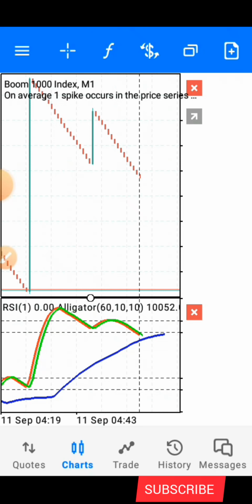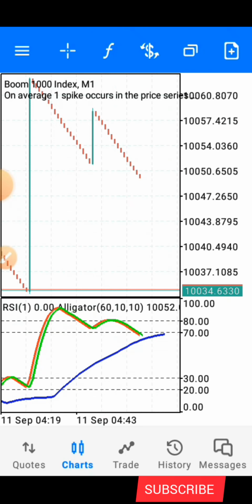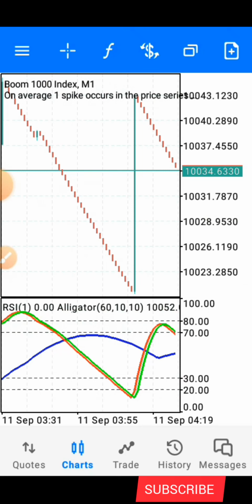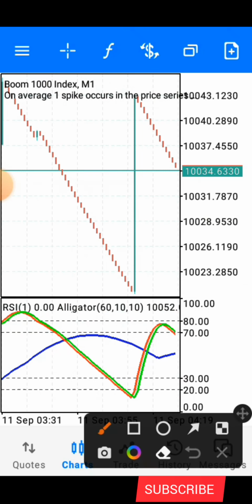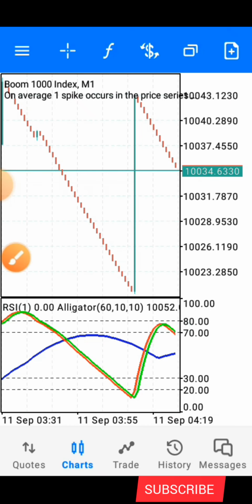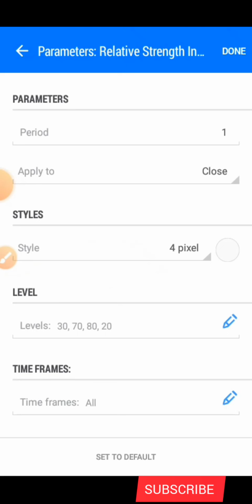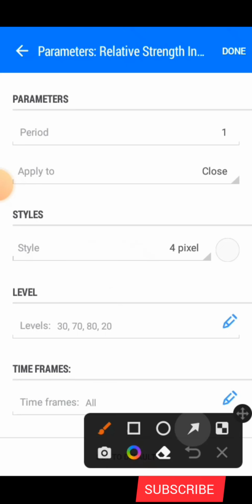I'm going to go ahead and share the settings of this strategy with you. The first thing you do, click on this F icon right here above. We only have 2 indicators here, the first is the relative strength index. Click on it, and these are the settings.